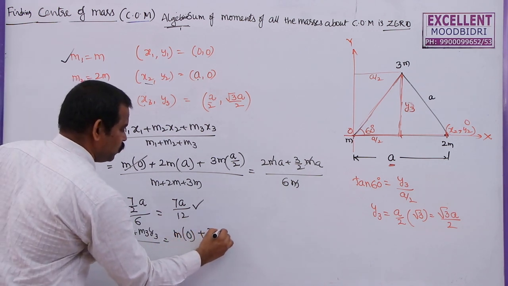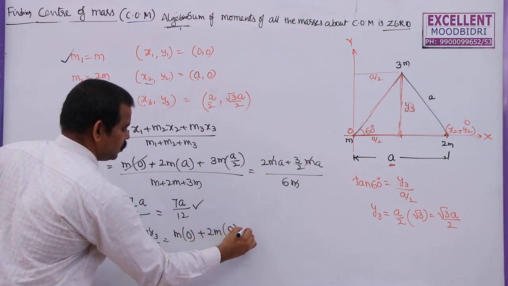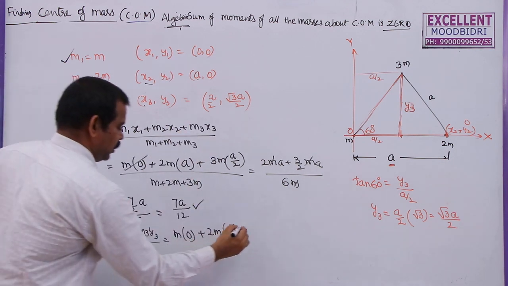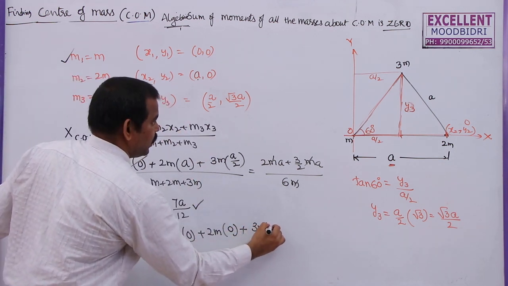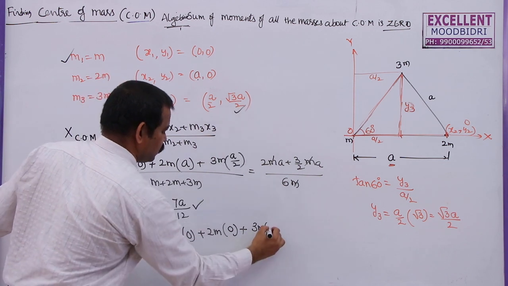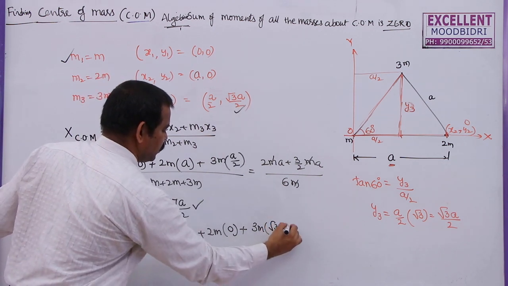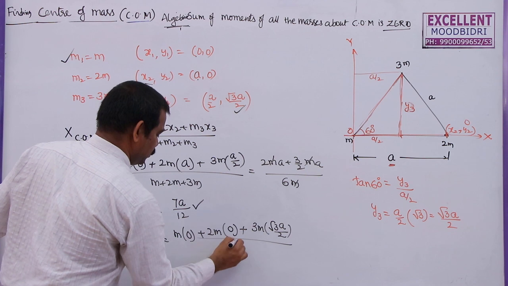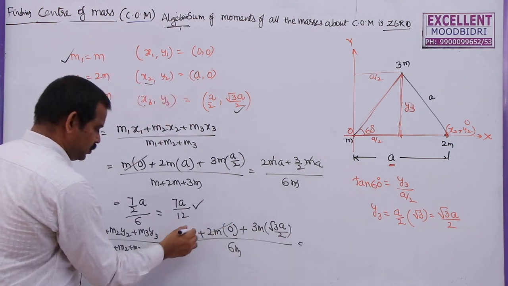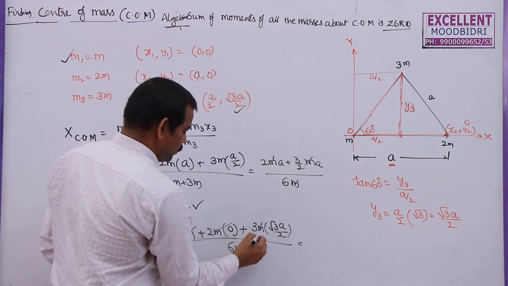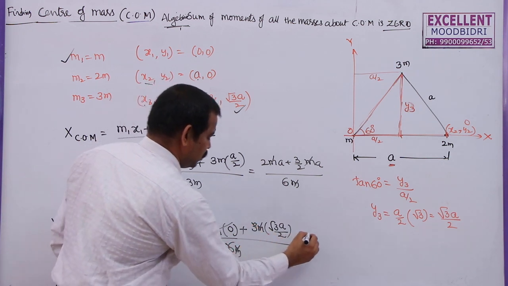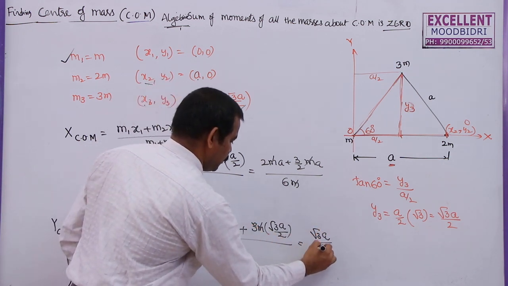Second one, 2m into y coordinate is 0 because it is along the x-axis, and 3m into the y coordinate of this one is root 3a by 2, by the total mass, which is 6m. So this will be 0, this will be 0. The m and m cancel, 3 ones and 3 twos. So this will become root 3a by 4.